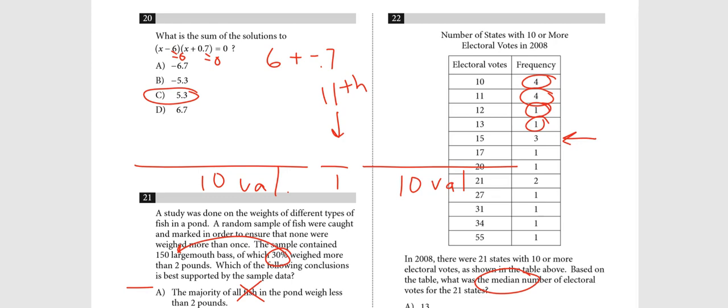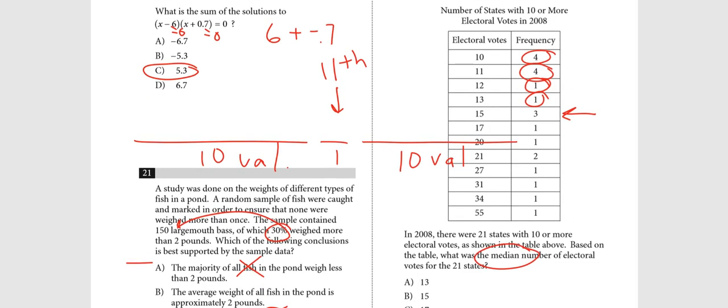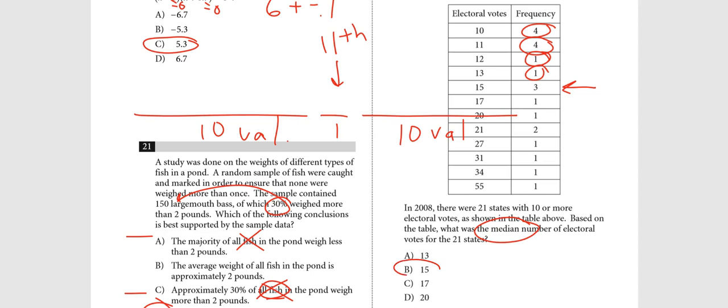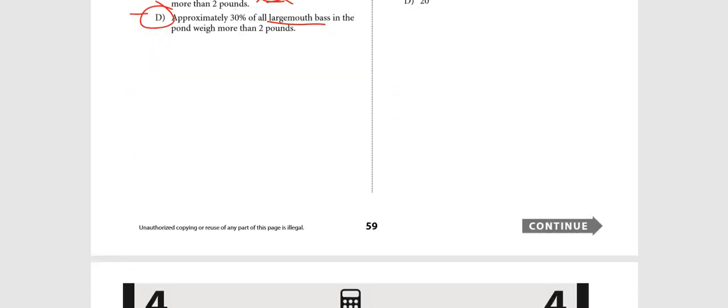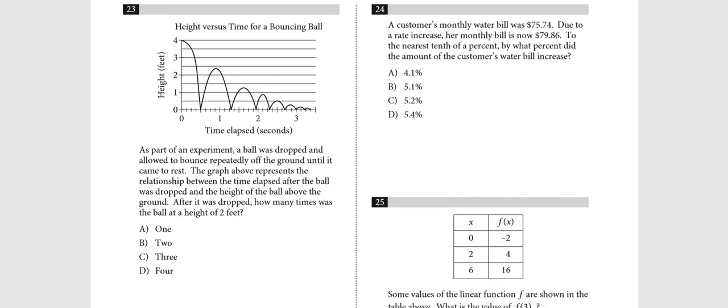It's a 15. A lot of people just start counting from the bottom, 10, 11, 12, 13, 14, 15, instead of realizing frequency matters. Does that make sense? We have to take into consideration the frequency, otherwise we're going to get the wrong value.